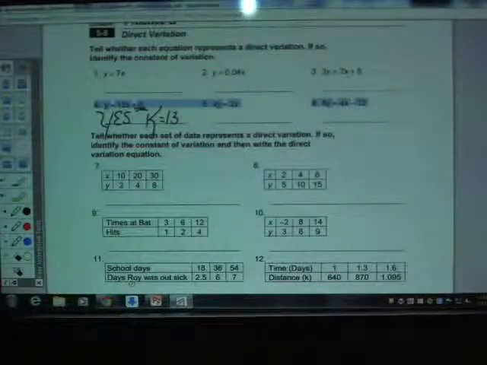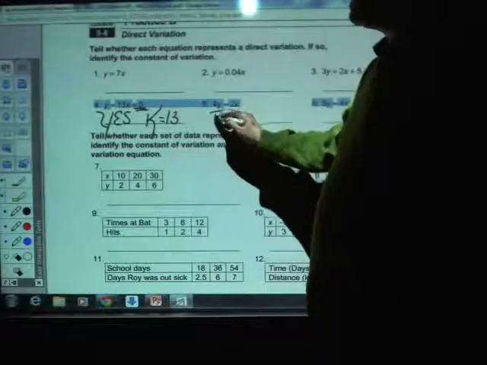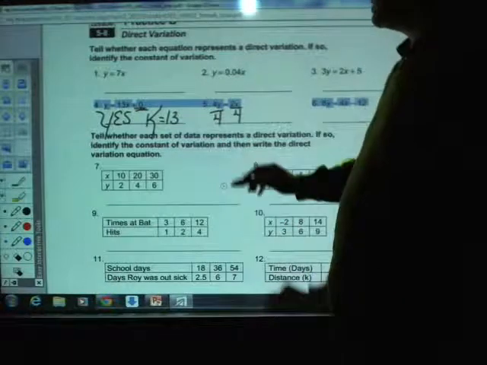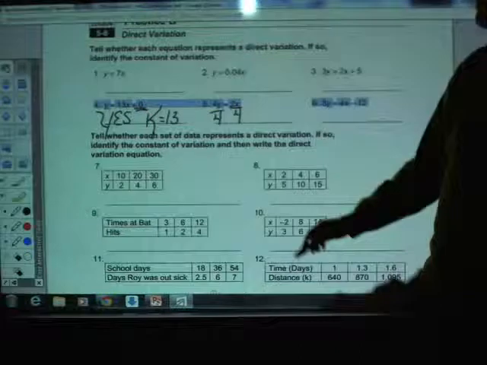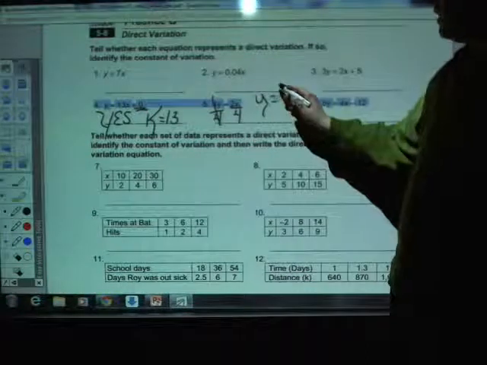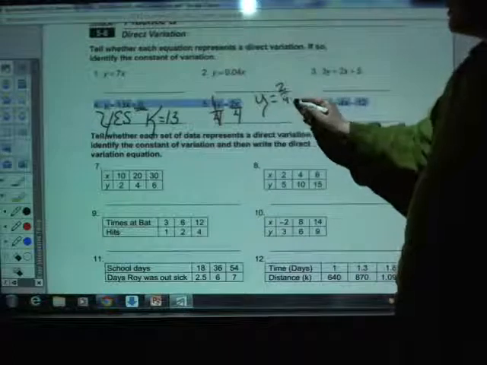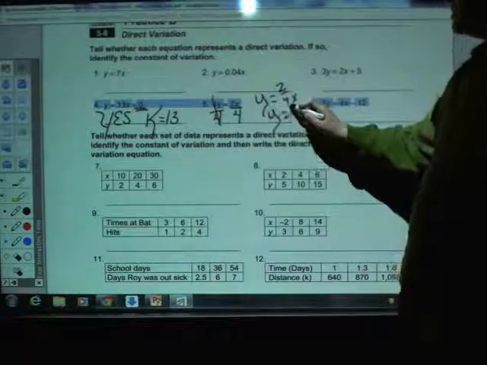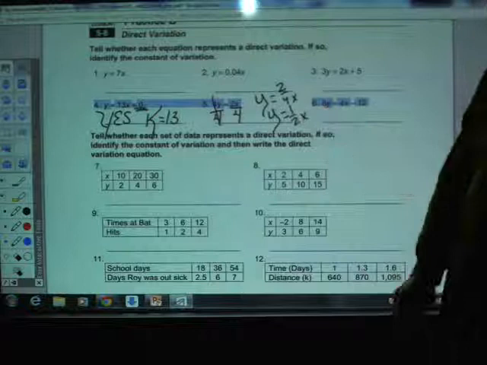Now, a question like number 5 is a little bit trickier because it's not in slope-intercept form. We can make it into slope-intercept form if I divide across by 4. When I divide across by 4, these 4's are going to cancel out and leave me y. And here I'll have 2 fourths x, which, if I reduce it, is 1/2 x.